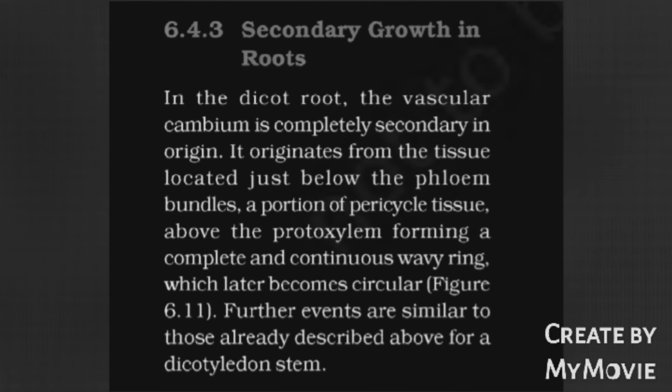Secondary growth in roots. In the dicot root, the vascular cambium is completely secondary in origin. It originates from the tissue located just below the phloem bundles. A portion of pericycle tissue above the protoxylem forms a complete and continuous wavy ring, which later becomes circular. Further events are similar to those already described above for a dicotyledonous stem.